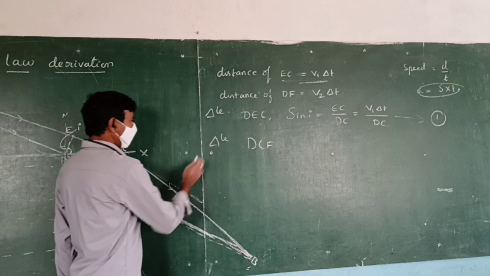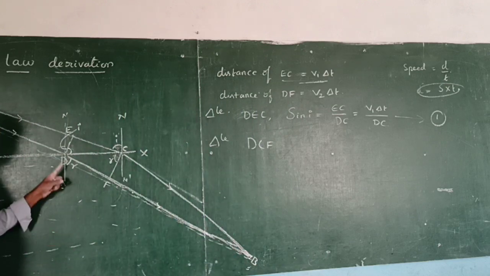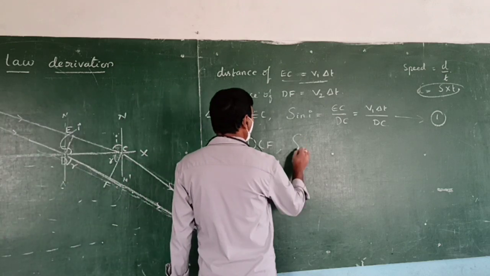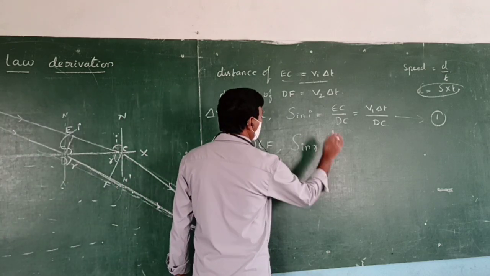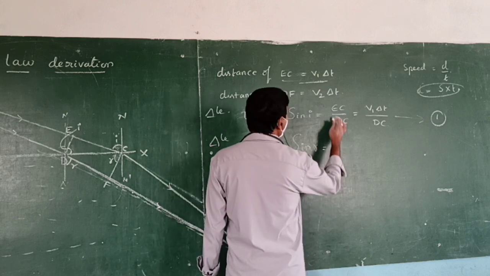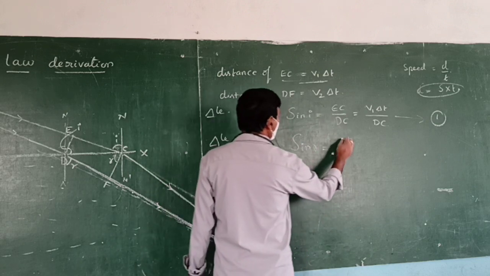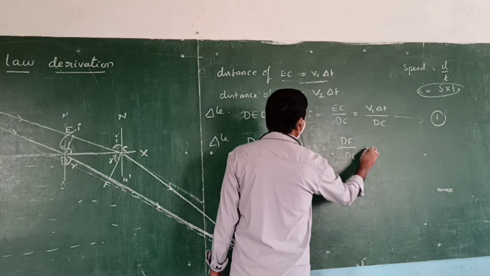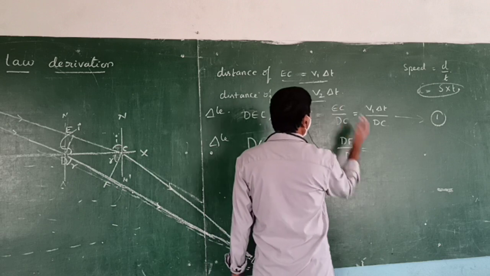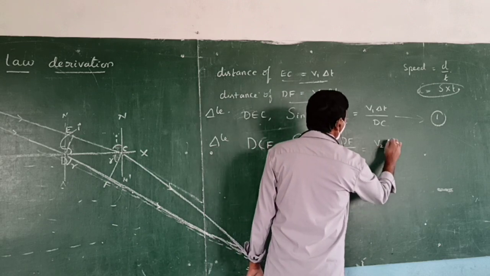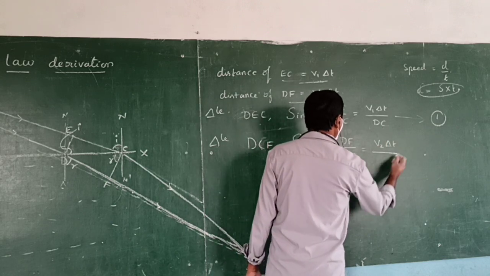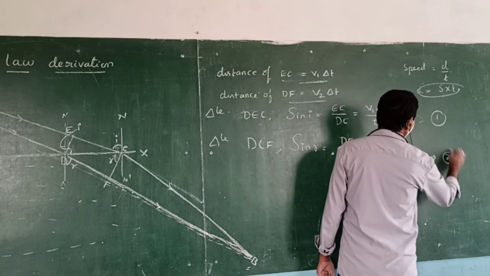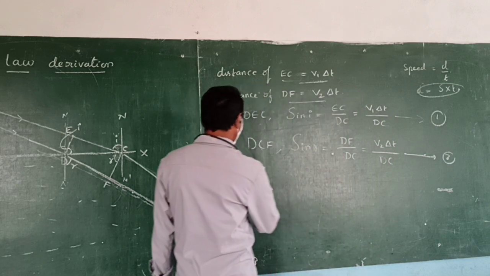Now triangle DCF. Tell me, sine of r equals DF by DC. So DF is V2 delta t, so sine r equals V2 delta t by DC. Let us call this equation 2.